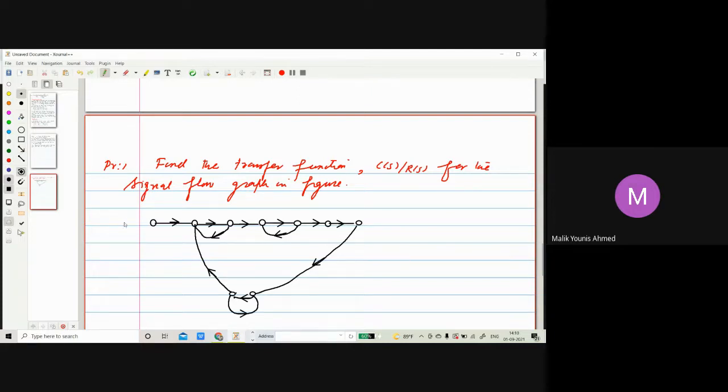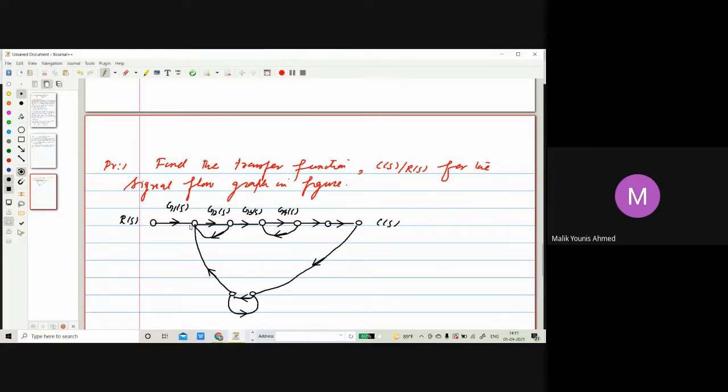So let's write this is an input, this is your output. We are going to write first the Mason's gain formula. For that, G1 of S, this is G2 of S, this is G3 of S, this is G4 of S, and this is generally we are writing G4 of S.